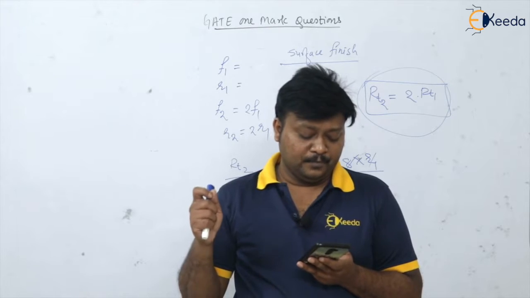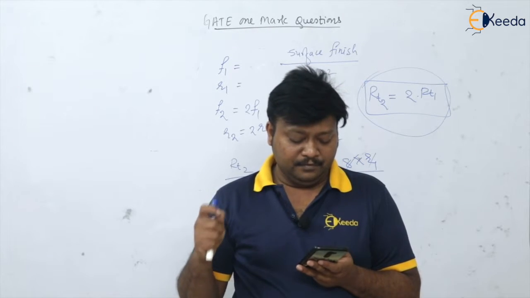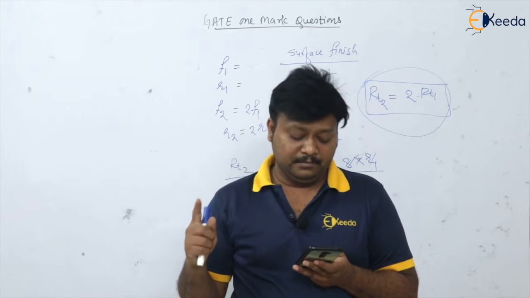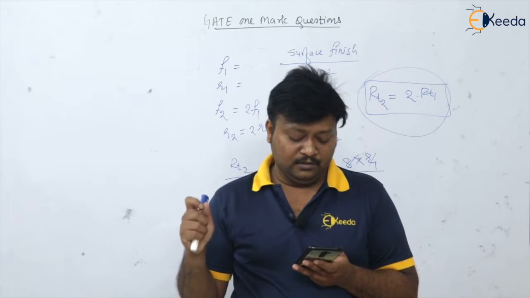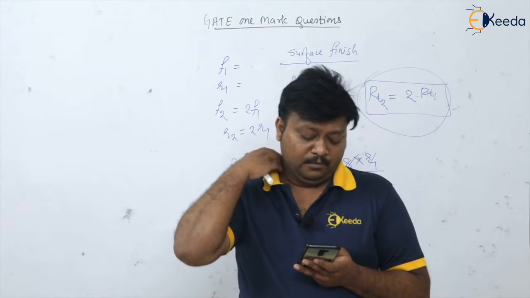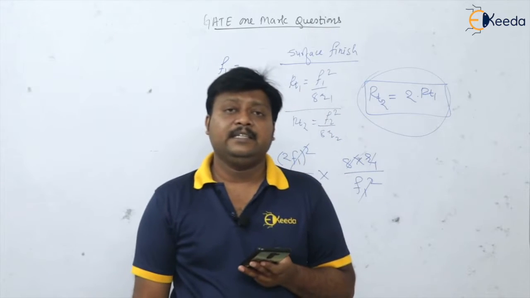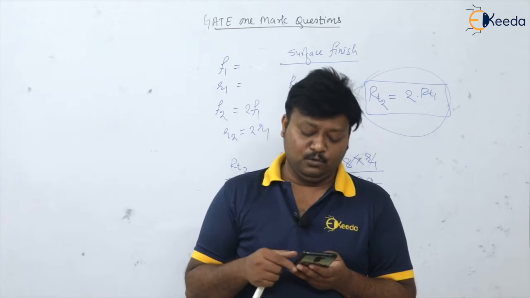So the options are: A, cutting fluid does not penetrate; B, chip tool interface temperature is maximum; C, normal stress on rake face is maximum; and D, tool strength is minimum. So of course this is because of the maximum temperature at the chip and tool interface.